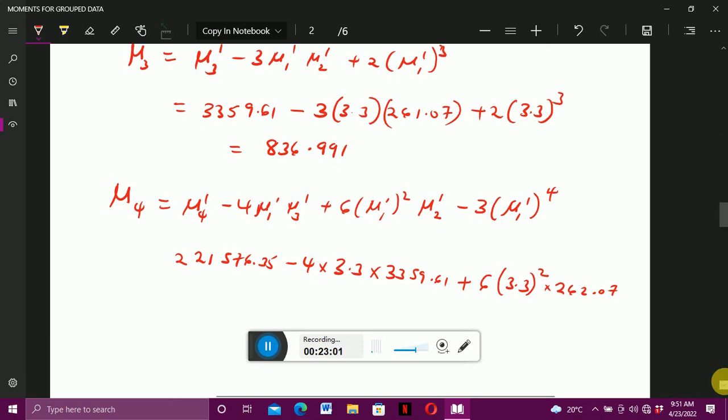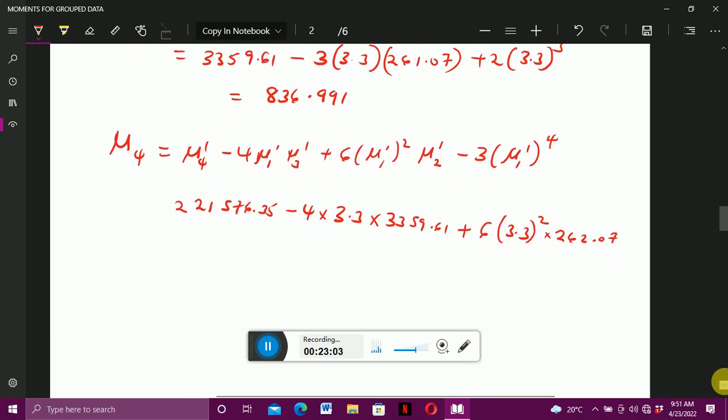That is not the end, because we are also going to subtract 3 times 3.3, which is mu1 prime, raised to power 4.